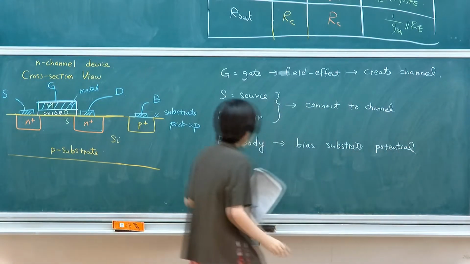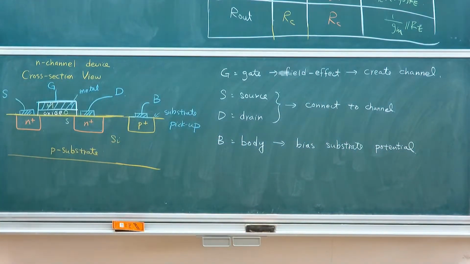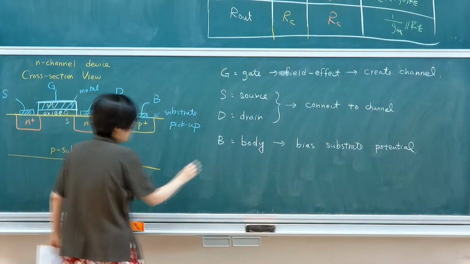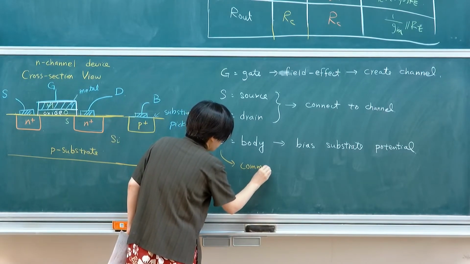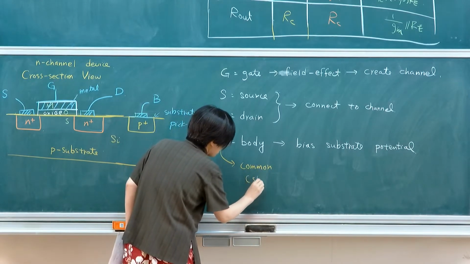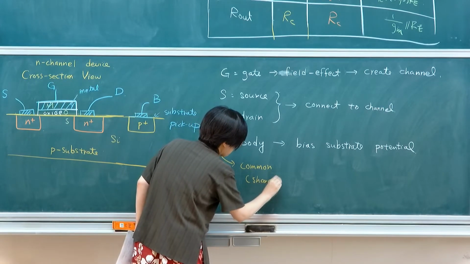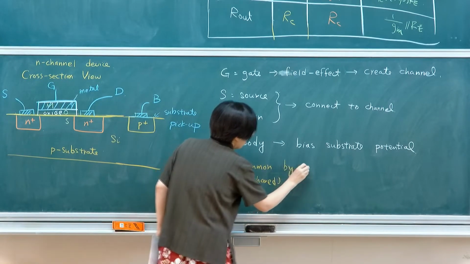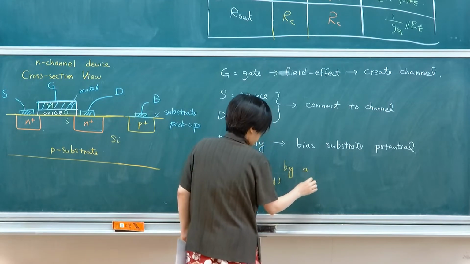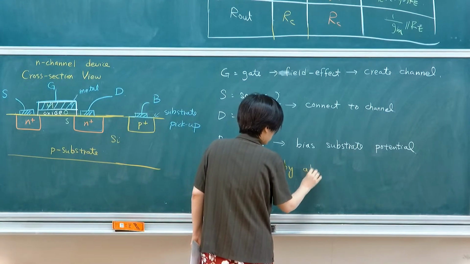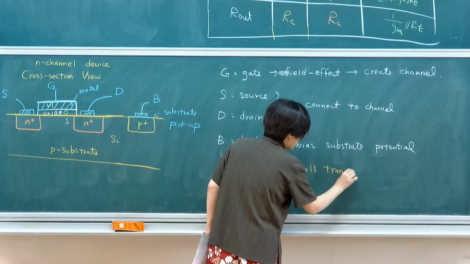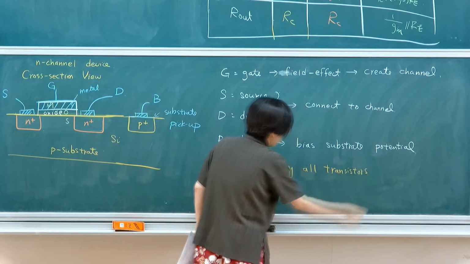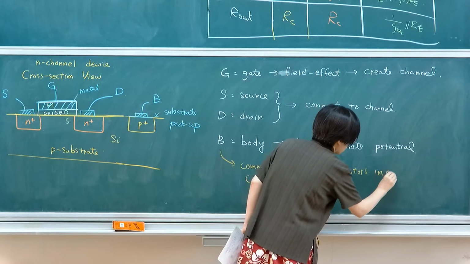Typically, body is shared by a lot of transistors, therefore the body is typically common. Common meaning shared by all transistors in the circuit.